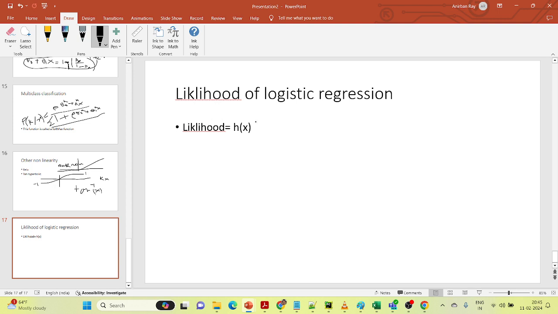So this is h of x to the power of the indicator function, y equal to 1. It's looking wrong.